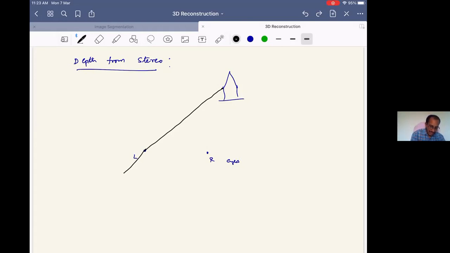For simplicity, we assume that this point has a reflection here. In general, it is a 3D scene, so we convert it to a 2D image. So you can consider that this is a 2D image.